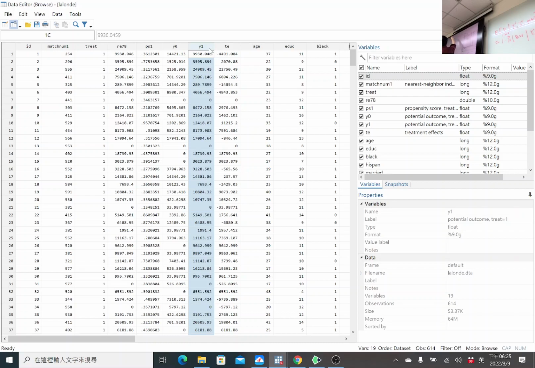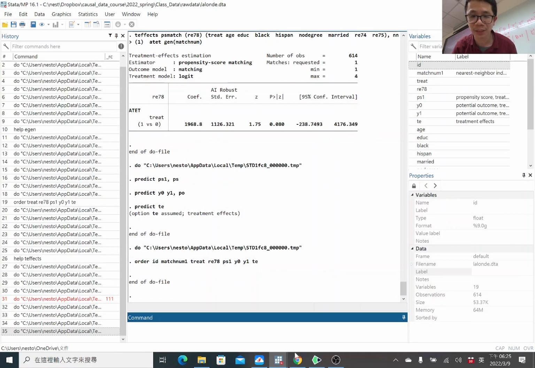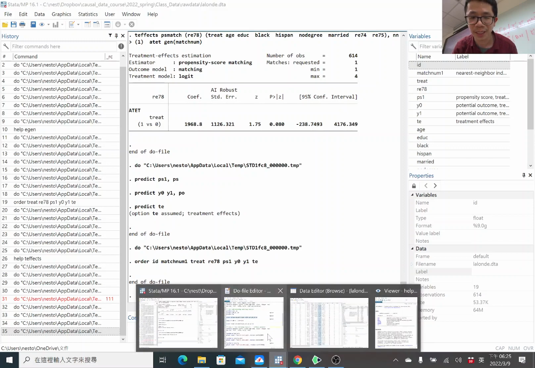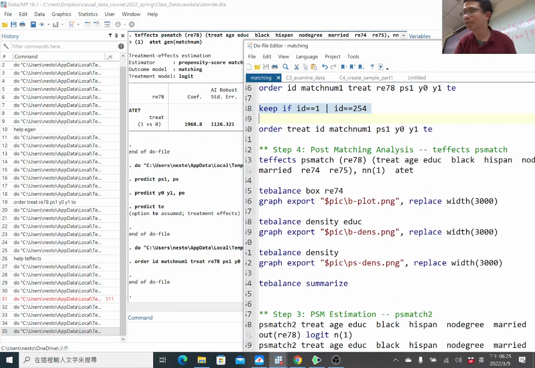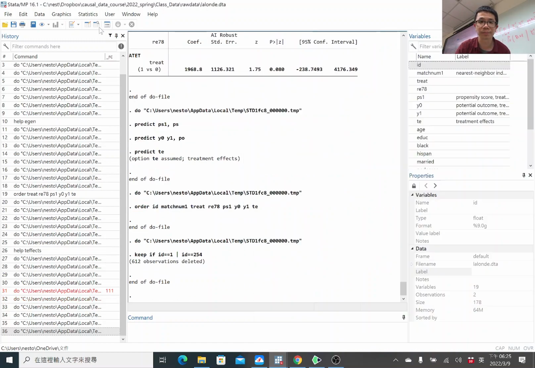And within the control group, the one who also has this number is observation 254. So let's see who is observation 254. Let me clean the data. I just keep unit 1 and unit 254. You can see more clearly.